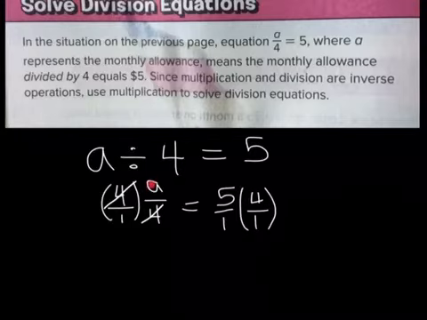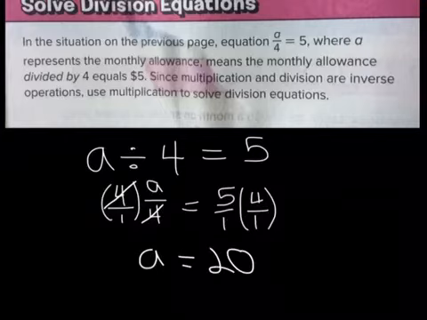Now it's A/1, but A/1 is simply A, so I have A left. That's how we were able to isolate the variable on this side of the equation. On this side, 1 times 1 is 1, and 5 times 4 is 20. So A is 20. 20 divided by 4 is 5. That's correct.